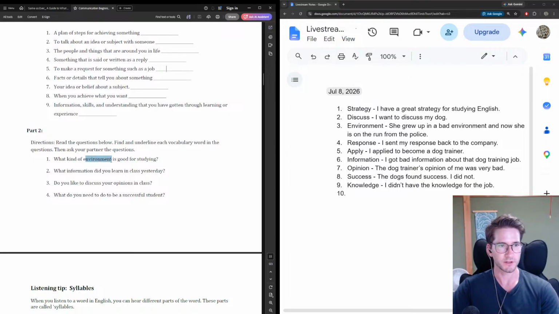Environments is the word here. What kind of environment is good for studying? For me, I like studying with a group, and I like studying with a focused group, like in a library, because I feel motivated, but I can concentrate at the same time.